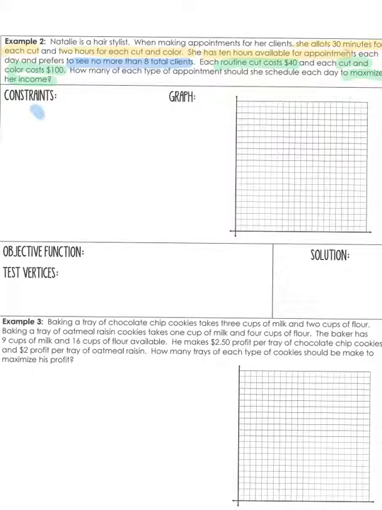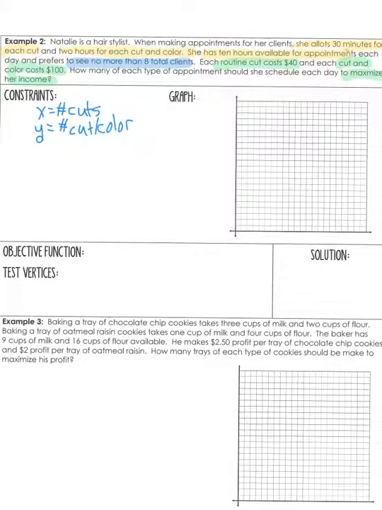Hopefully you identified X as number of cuts. It's not time, it's number of cuts, or number of appointments for cuts. And then Y is your number of cut and color.